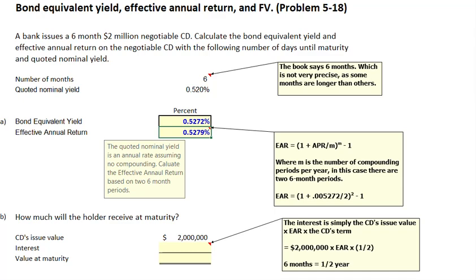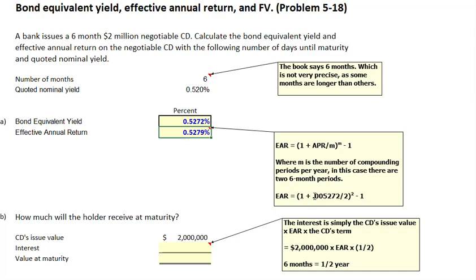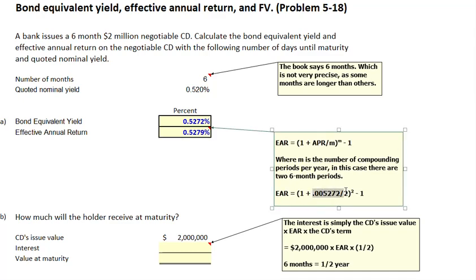And again, that would have just simply been taking the bond equivalent yield, dividing it by 2, and taking that to the second period for the 2 compounding periods.